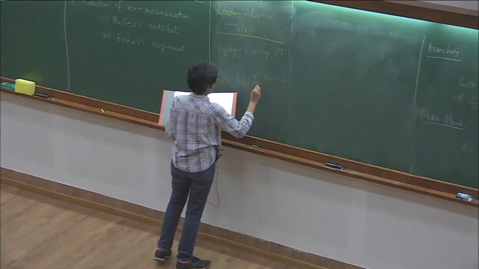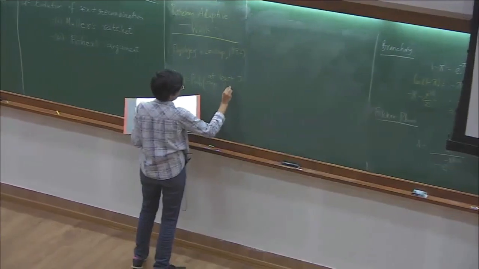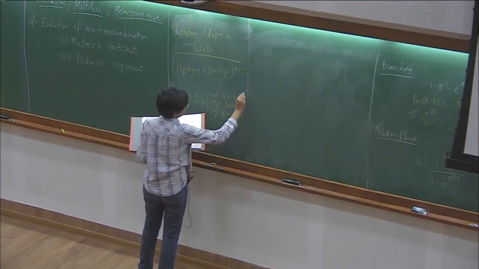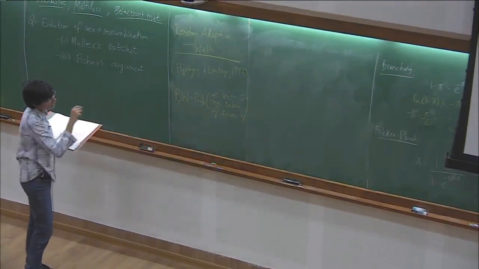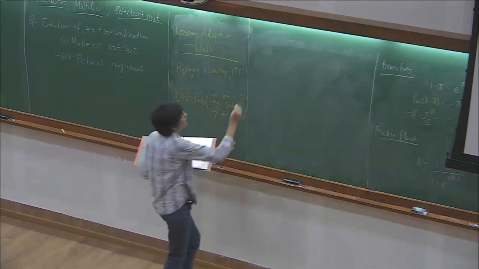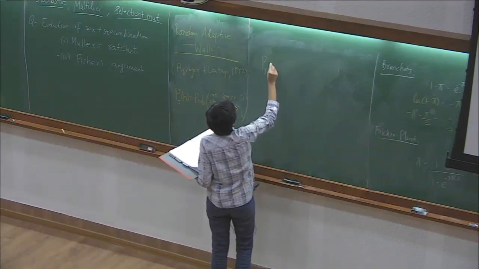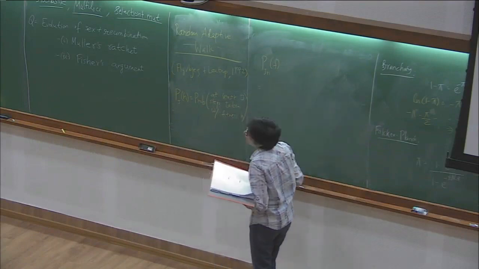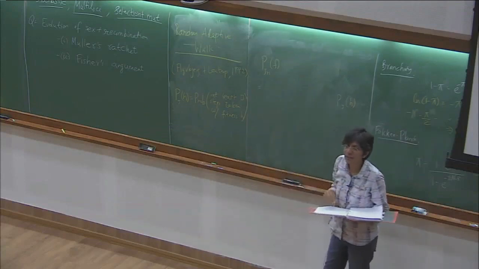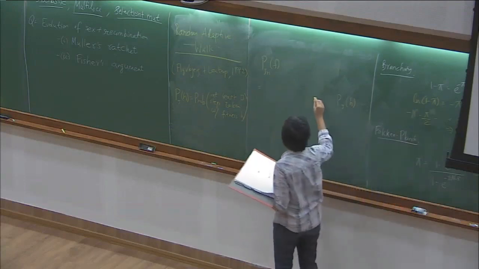It's the probability that at the jth step, the fitness is F. So they write down a recursion relation for this object: the probability that the fitness is F at the next step, given that it was H in the previous step and I have at least one beneficial mutant available, times the probability the transition occurs.